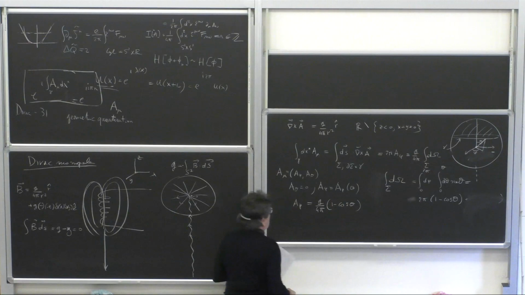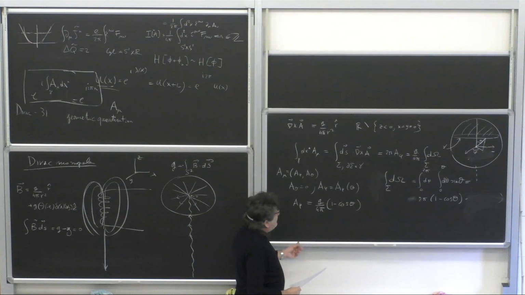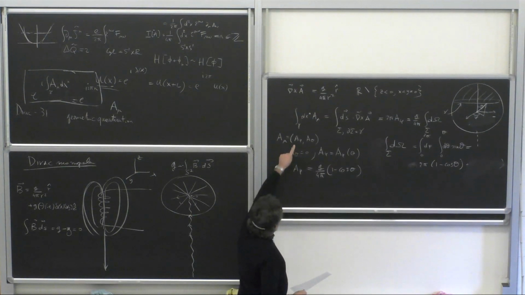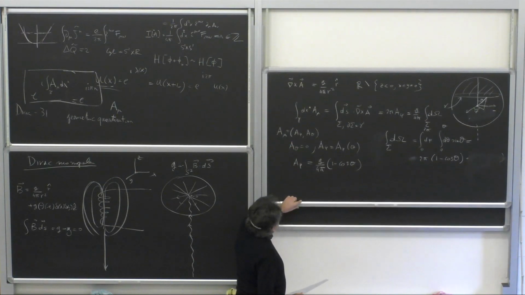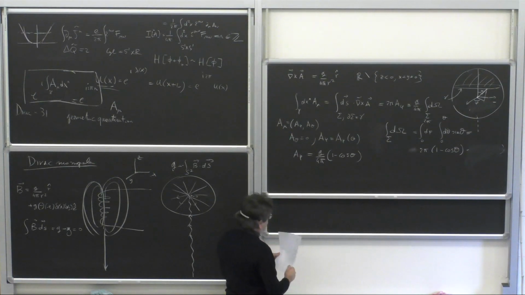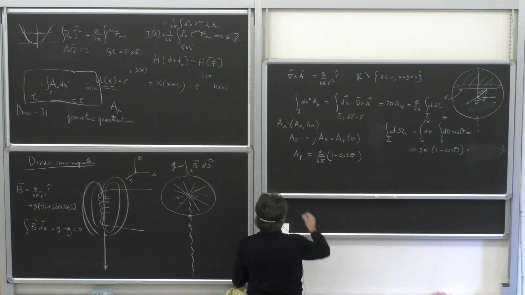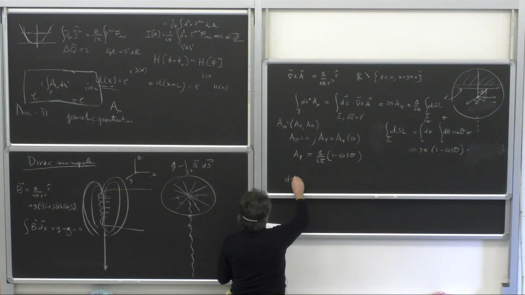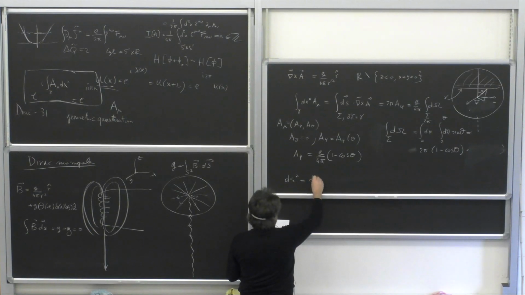Now I want to get from these components to ordinary components. So I have to remember the length element on the sphere.